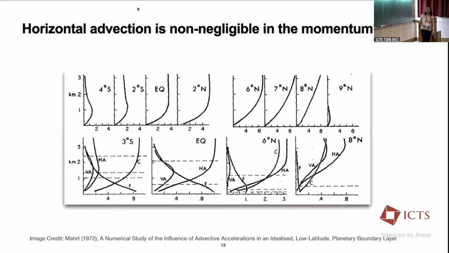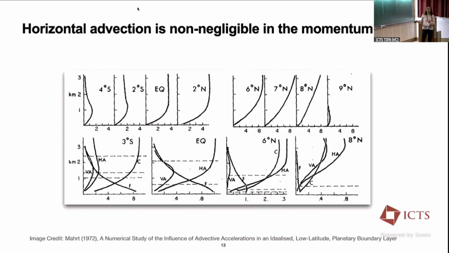They've also looked at the force balances in the boundary layer. What they find is at 3 degrees south, where C stands for Coriolis, F stands for friction, VA stands for vertical advection, and HA stands for horizontal advection, the horizontal and vertical advection are non-zero, but they're much smaller than Coriolis and friction.